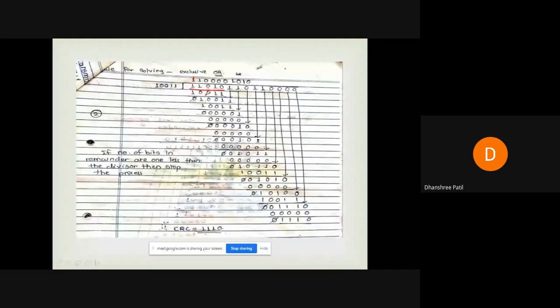Now on these two, perform the XOR operation.